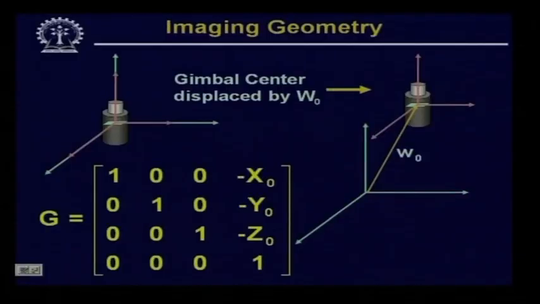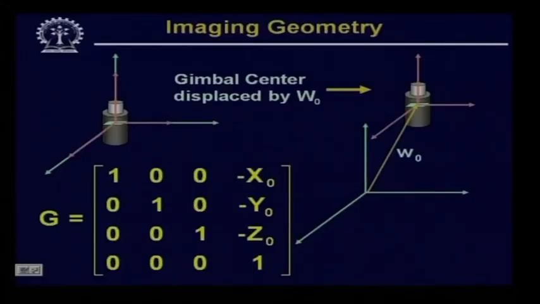So, let us see how these transformations are to be applied one after another. On the left hand side we have shown a figure where the camera coordinate system and the world coordinate system are perfectly aligned. Now, from this alignment, if we give a displacement by a vector w naught to the gimbal center, then the camera will be displaced as shown on the right hand side of the figure, where you find that the center is displaced by vector w naught.